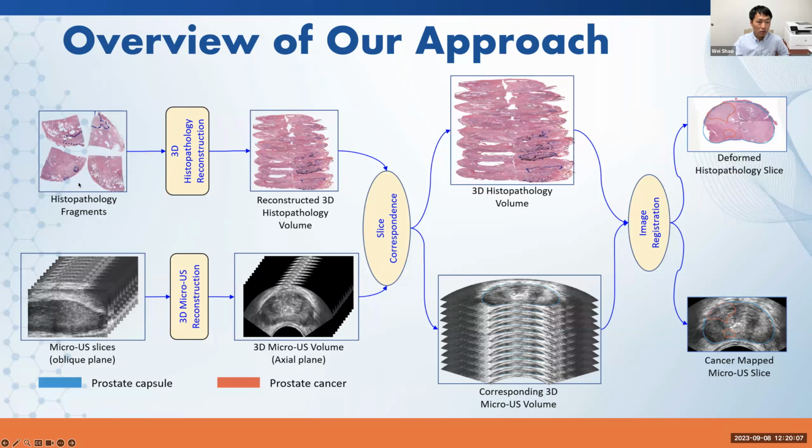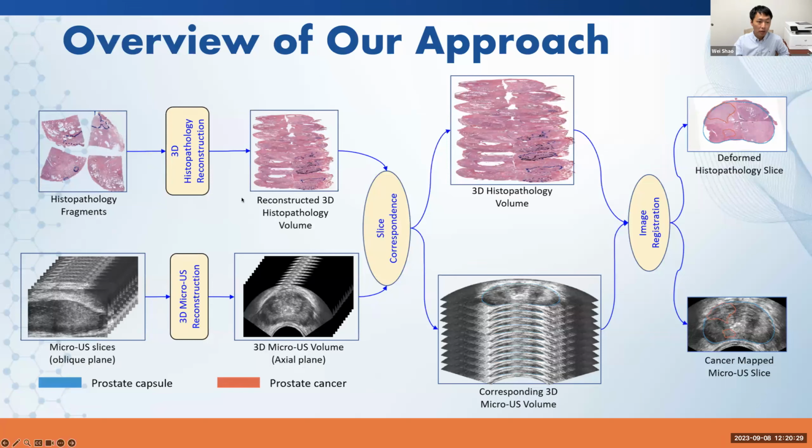This is the resulting several fragments for each prostate section. So the first task is you need to reconstruct those individual sections into a pseudo whole mount histopathology image. That's the first step.